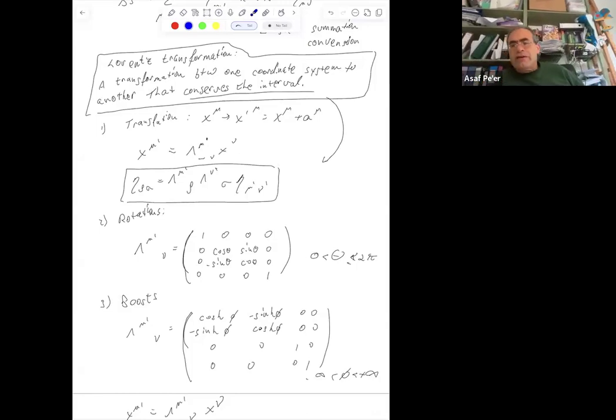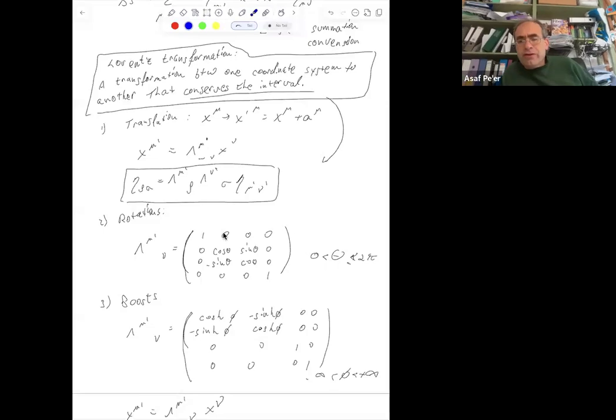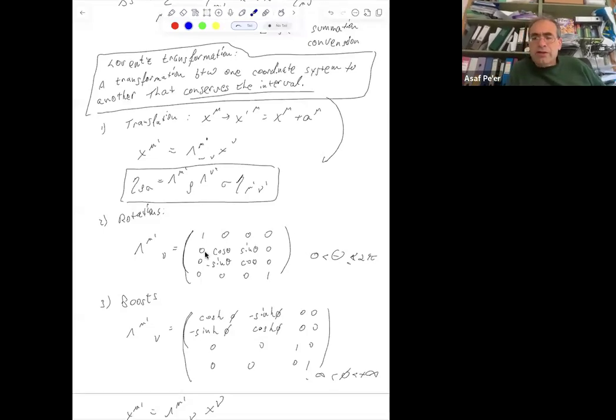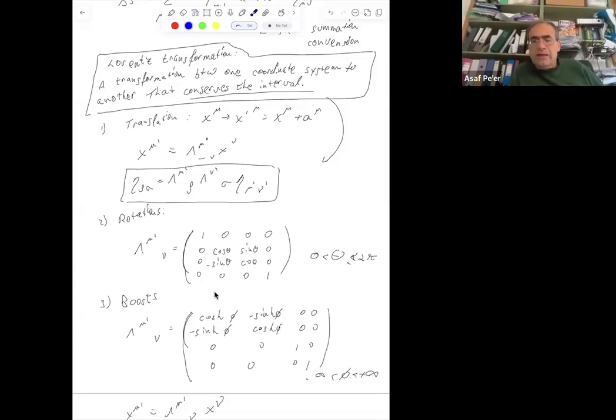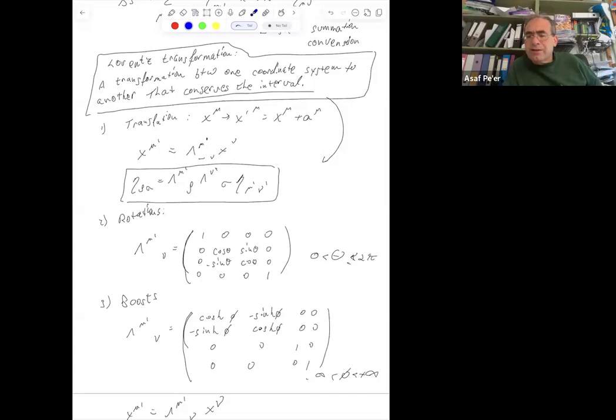So you can think of what types of 4 by 4 matrices you can have. The ones that do not involve the time are the rotation matrices. The ones that do involve the time, again, the mathematical structure is very similar. The mathematical structure is exactly the same as rotations. A rotation where time is involved is called a boost. I don't think there is much more than that, to my understanding. Okay.